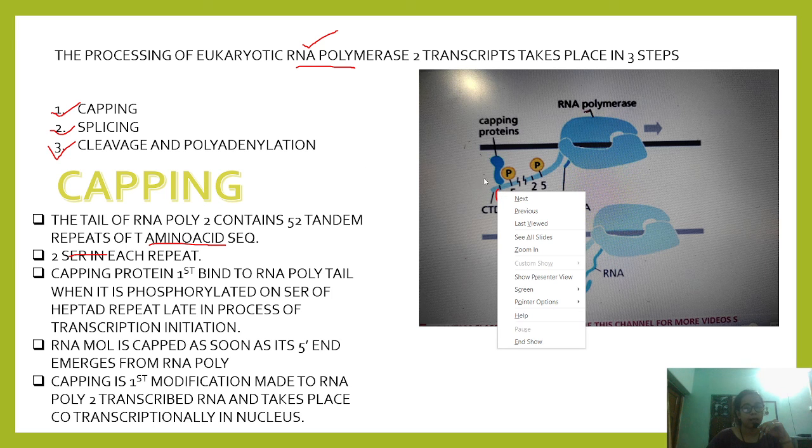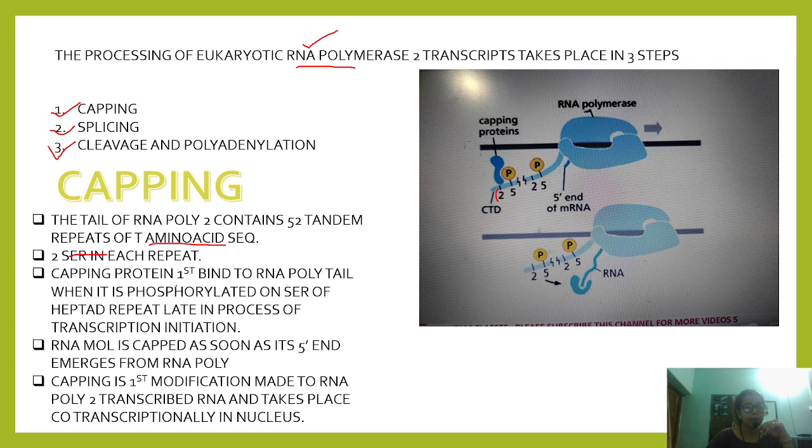Next, the capping protein first binds to the RNA polymerase tail. You can see this blue color is the capping protein, which first binds to the CTD region, that is the tail region. It binds to the polymerase tail when it is phosphorylated on the serine of the heptad repeat late in the process of transcription initiation.